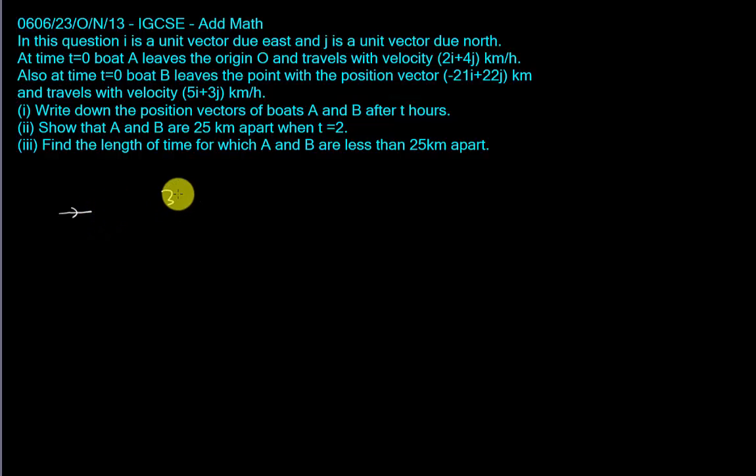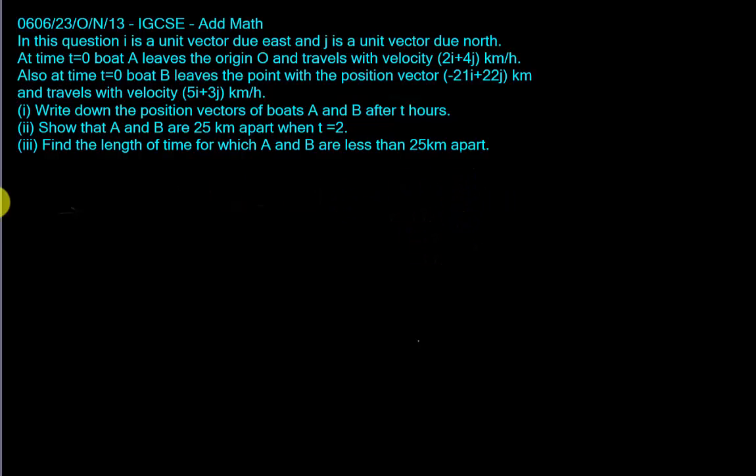So if I say 3i, that means 3 units to the east. 1j means 1 unit to the north. So if I say 10j, that means 10 units to the north. This is just some idea about that sentence.